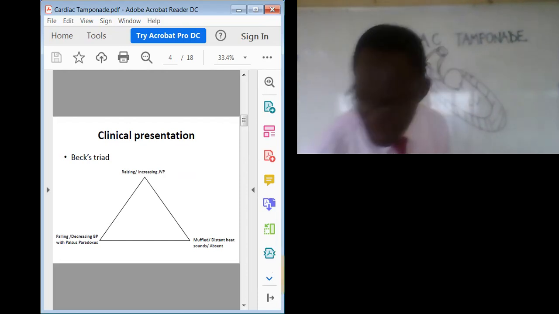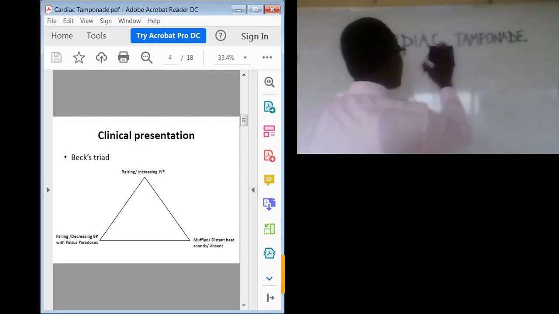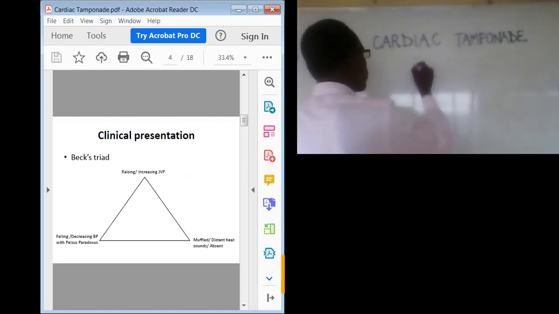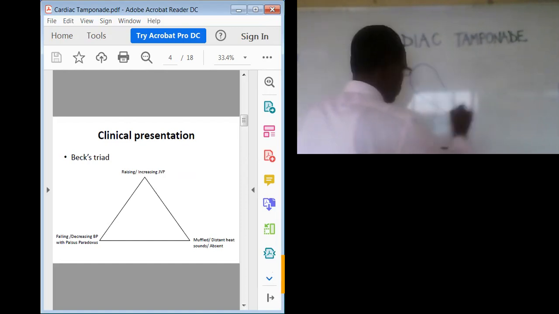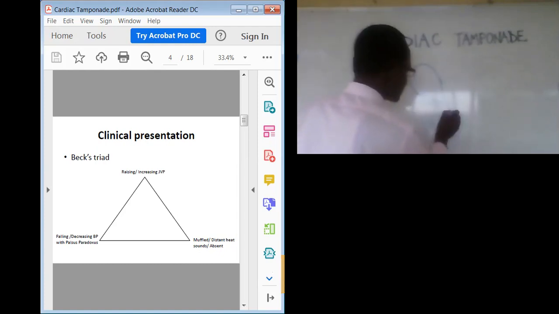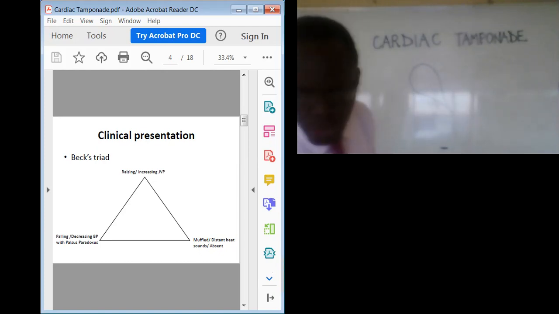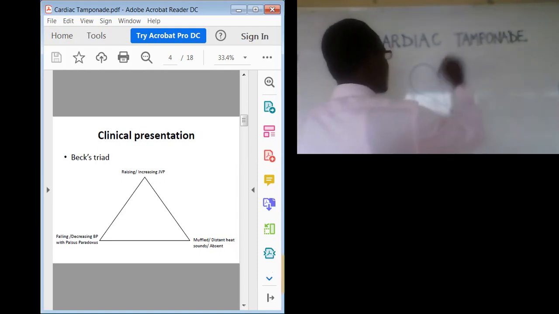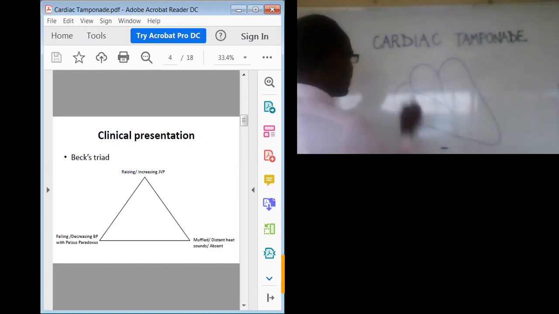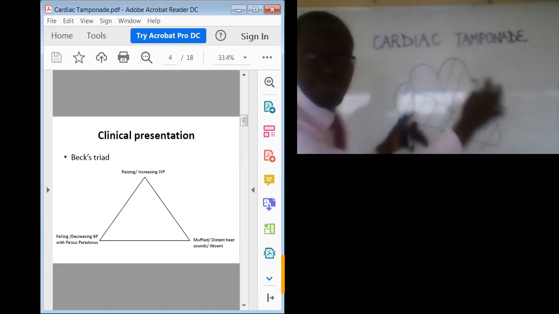Remember, if the heart is too much pressed, and then you have too much fluid, and all this is fluid, this whole fluid is exerting a pressure.